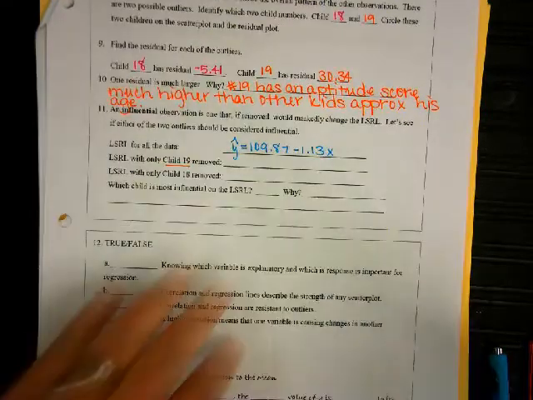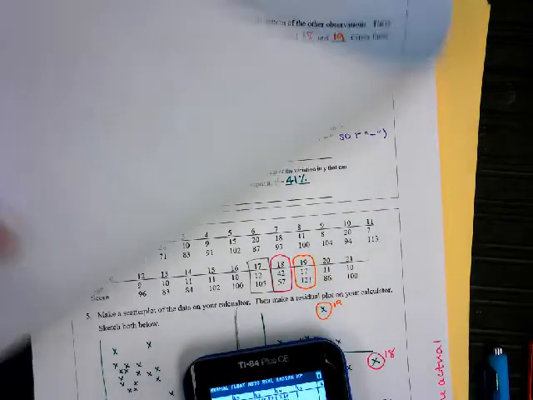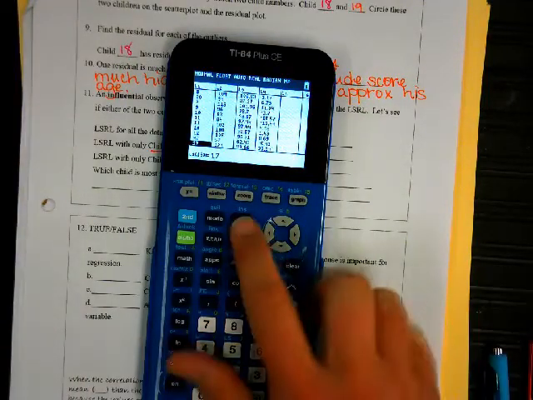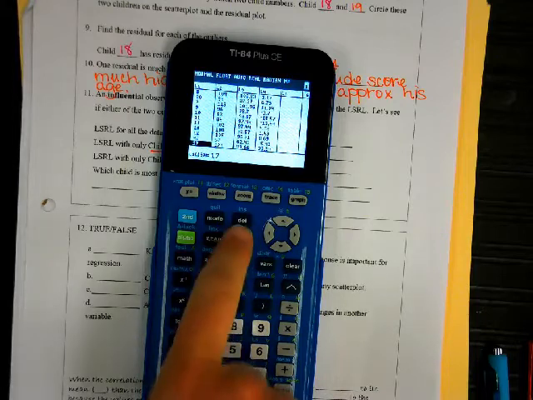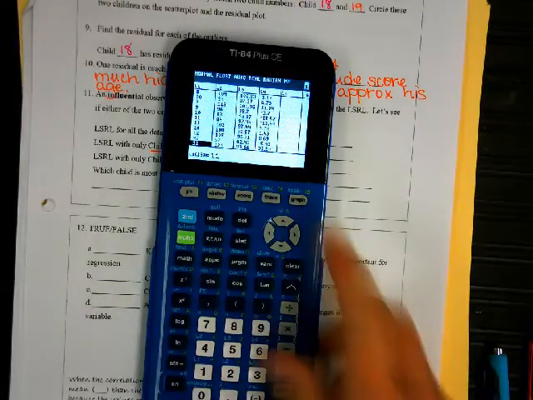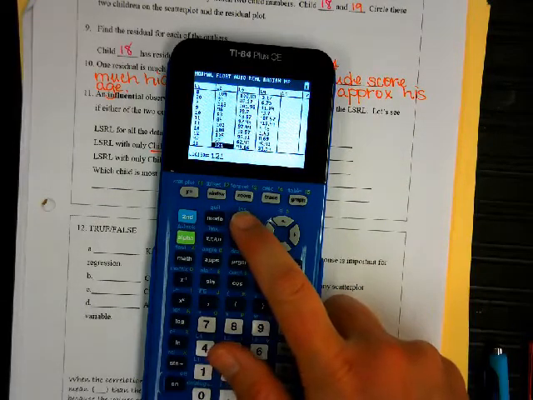So highlight the 17. Since we're only getting rid of this single piece of data, we use the delete. And it just takes out that piece of data. And then we got to make sure we get rid of the corresponding aptitude score of 121. And we're going to hit delete. Good?